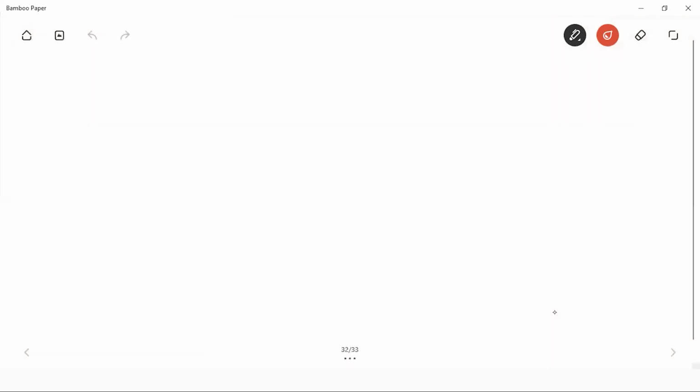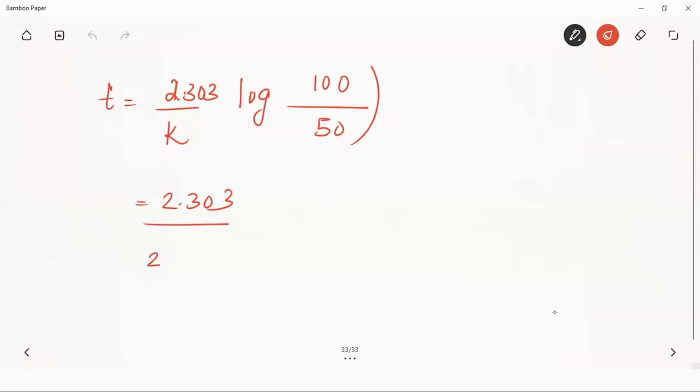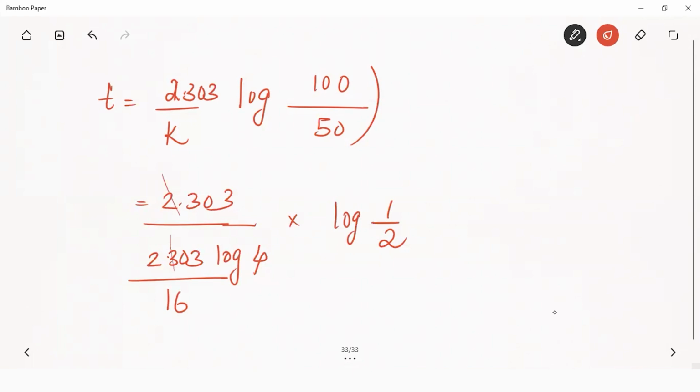K value is 2.303 by 16 log 4, right? You can substitute that here. 2.303 log 4 over 16, times log 1 by 2. Okay, this is log a by b. You can write log a minus log b, and by cancelling all these, you will be getting the answer for this as time is equal to 8 minutes.